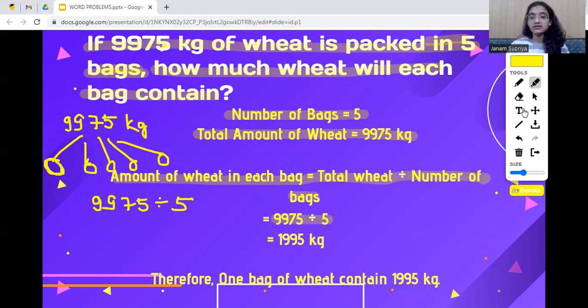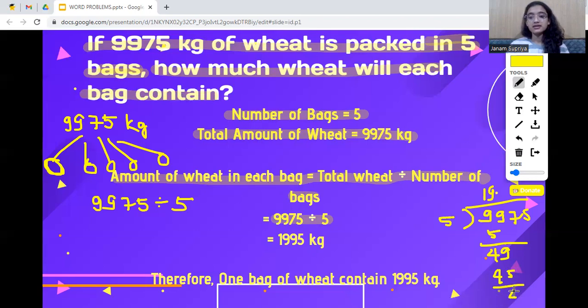Now, let's check its division. 9,975 divided by 5. 5 ones are 5. Then 9 comes here. 5 9s are 45, remainder 4. Then 47, 5 9s are 45, remainder 2. Then 25, 5 fives are 25.